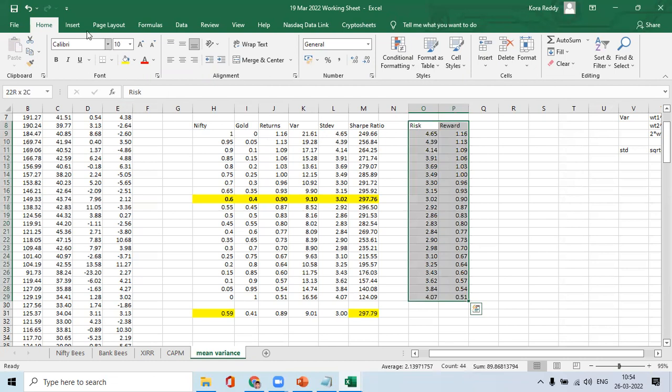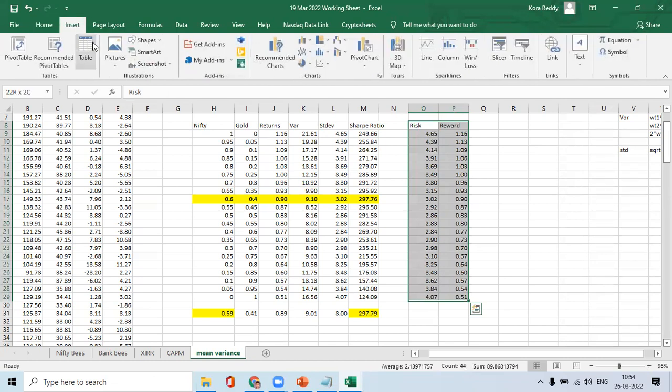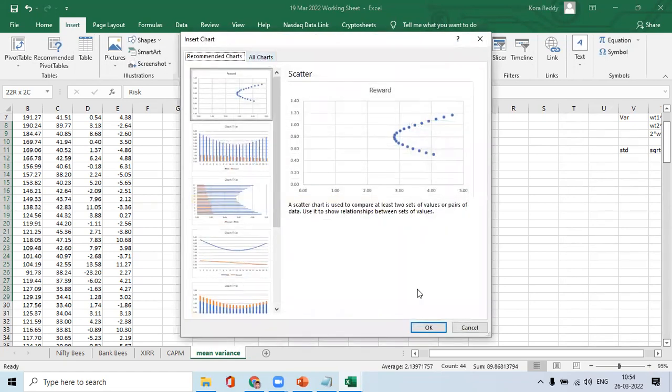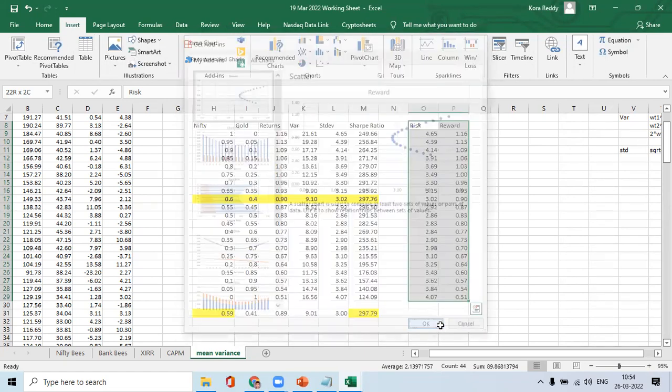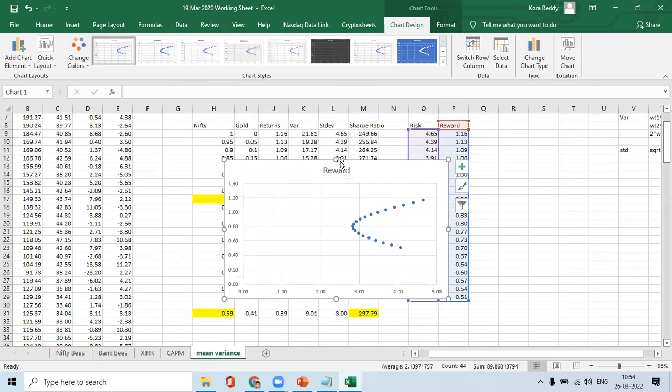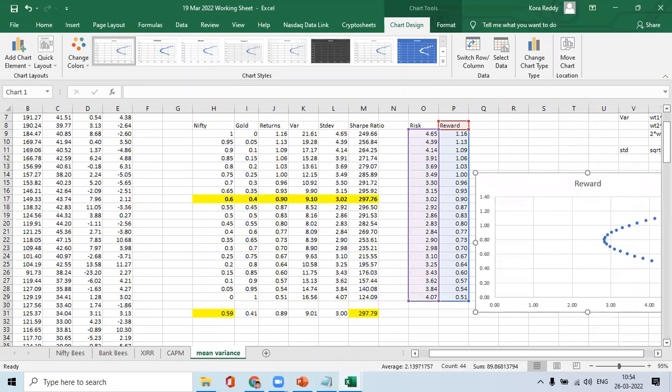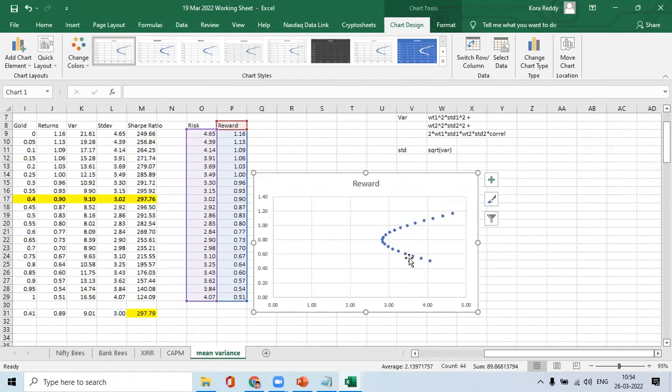Now you can draw a graph. We get a graph like this, so you can adjust whatever.